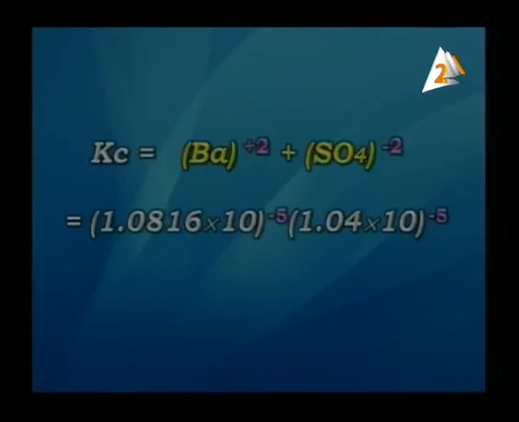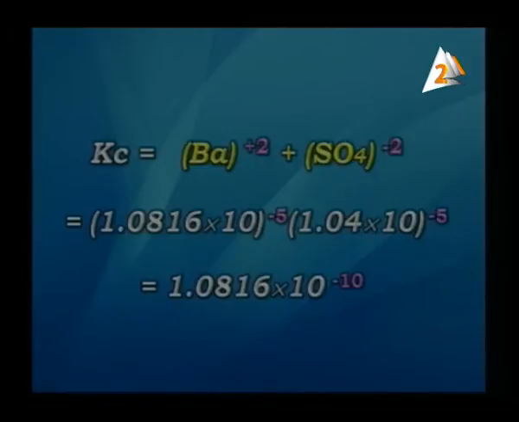So it equals 1.04 times 10 to the power of negative 5 for each. Now you have here Ksp, the equilibrium constant for solubility. The result directly will be 1.0816 times 10 to the power of negative 10. Good and great. Ksp. Don't forget this word.